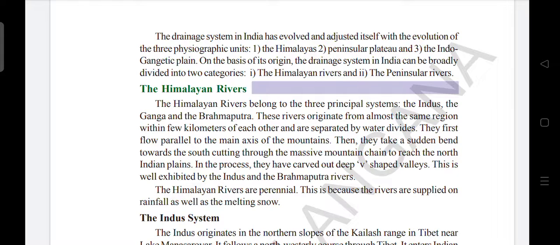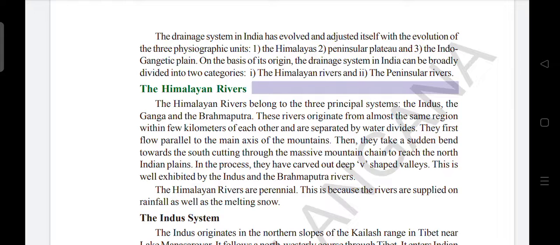The Himalayan rivers belong to the three principal systems: the Indus, the Ganga, and the Brahmaputra. These rivers originate from almost the same region within few kilometers of each other and are separated by water divides. They first flow parallel to the main axis of the mountains.